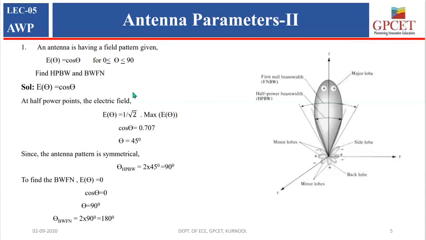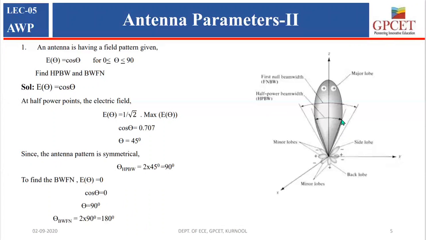Since the antenna pattern is symmetrical, this theta indicates this angle. Here you can see this is a half power point and this is also a half power point. Theta indicates this angle from this half power point to the z axis. So to calculate the half power beamwidth, we must consider the theta from the right side of the z axis and the left side of the z axis.